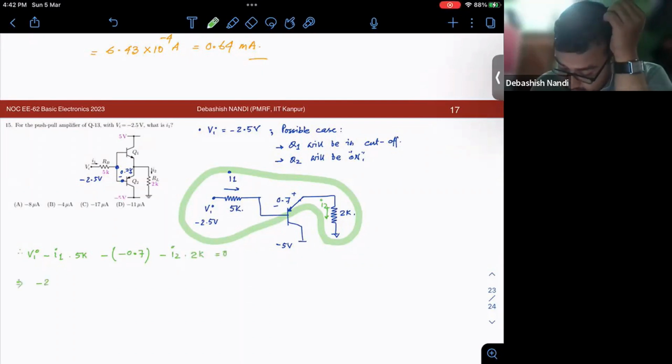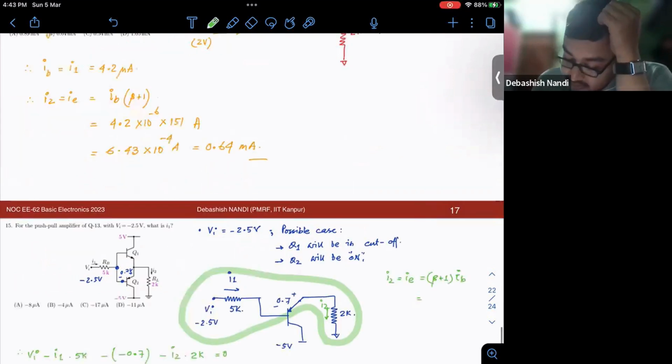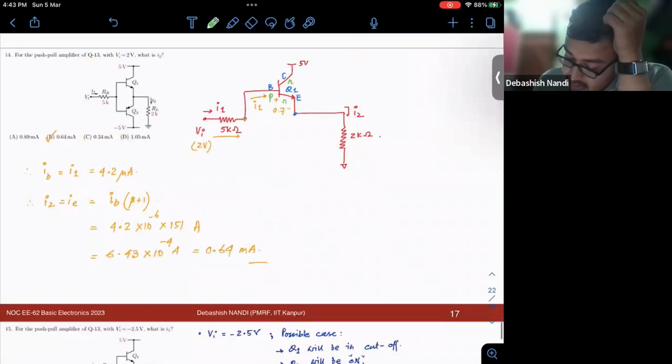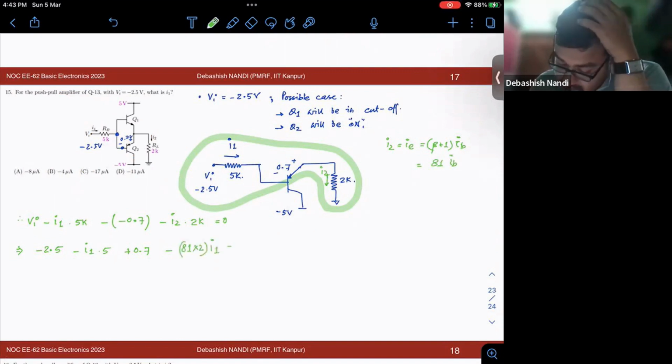VI is minus 2.5, minus I1 into 5, plus 0.7, minus I2. Your IE is beta plus 1 into IB. For Q2, your beta was 80, so it is 81 into IB, so it will be 81 into 2 into I1.